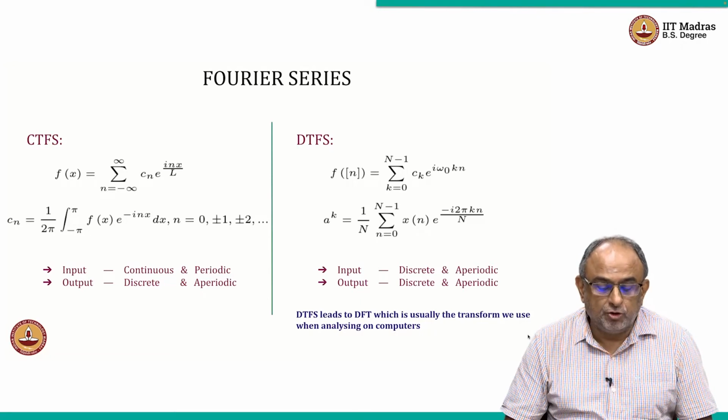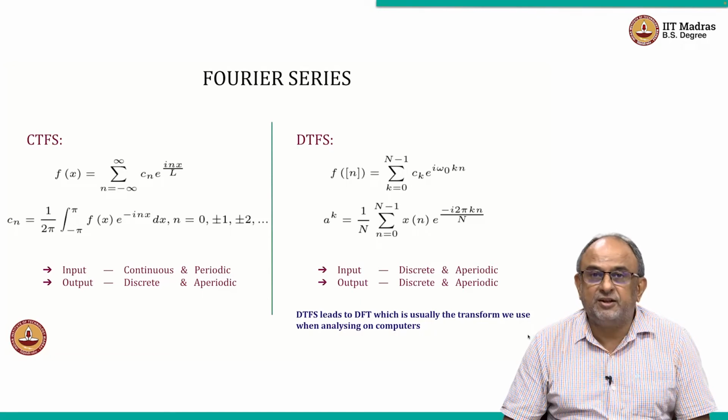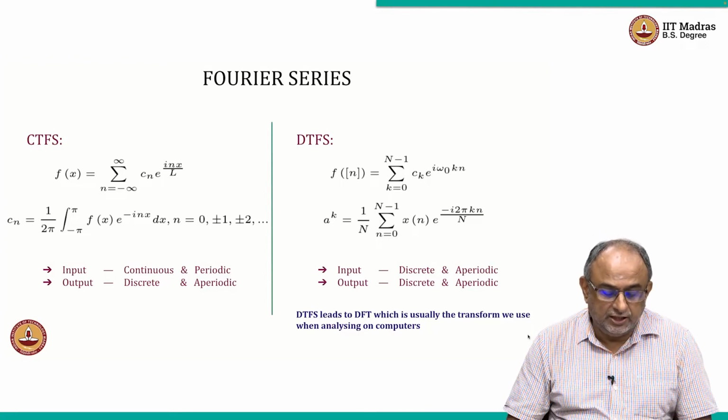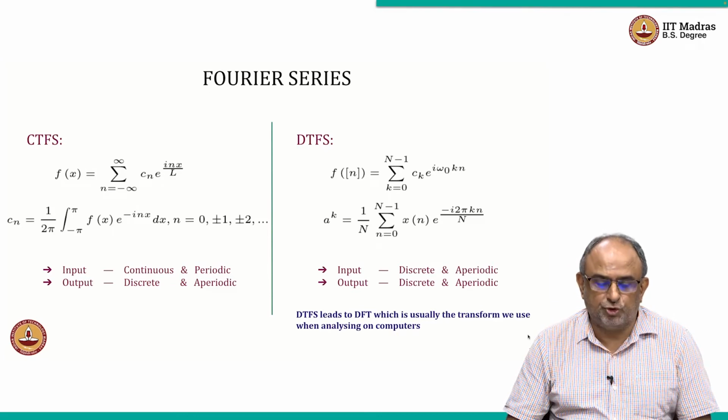Okay. So, we expand in terms of these complex exponentials to get the continuous time periodic signal f of x. If you look at a transform kind of representation, the input f of x is continuous in time and periodic, and the output, which is a transform to the Fourier series coefficients, is discrete and aperiodic.